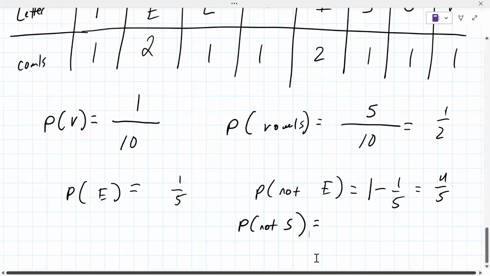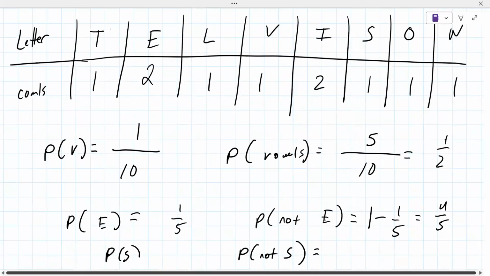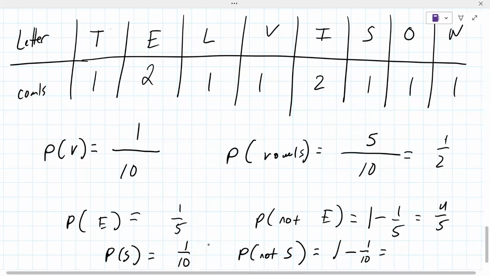Okay. Tell me what's the probability of S? 1/10. Okay. So how did you come up with 4/5? And don't tell me you just thought it was the same as this. Okay. So it should be 1 minus 1/10. 1 minus 1/10 would be 9/10.